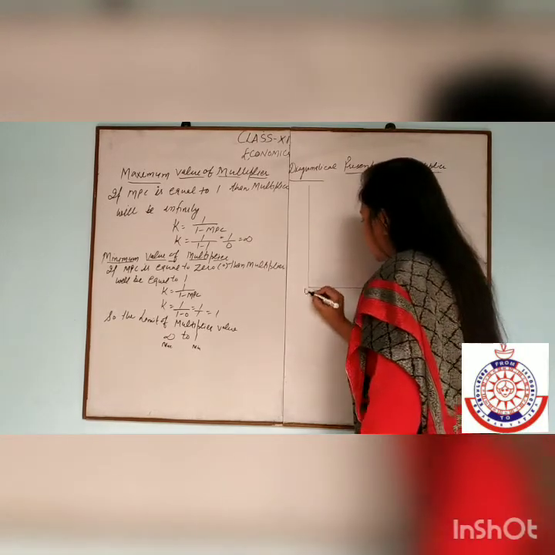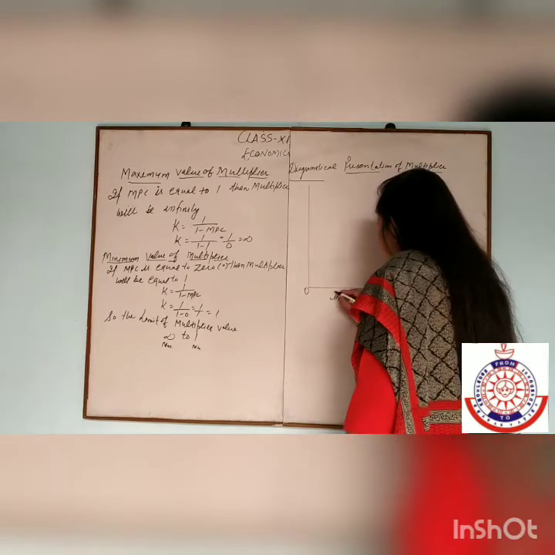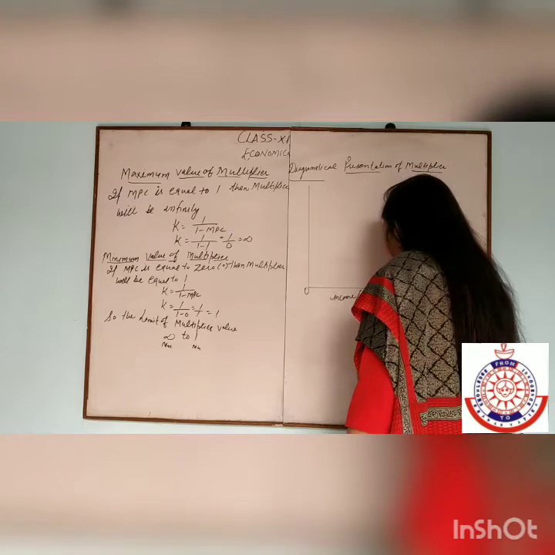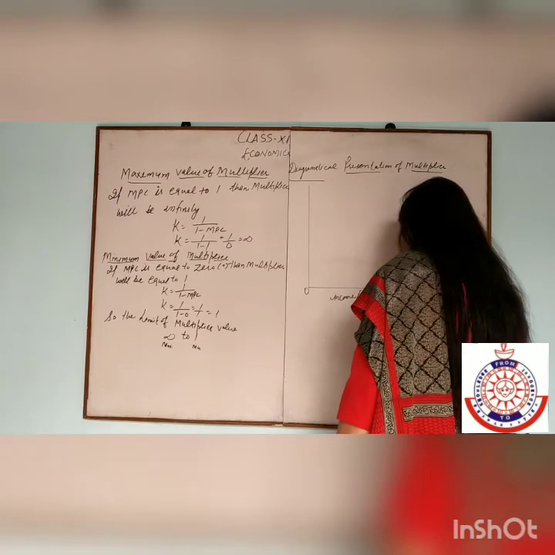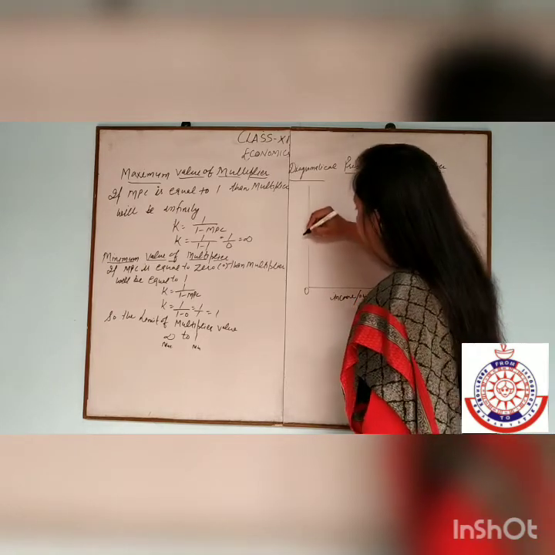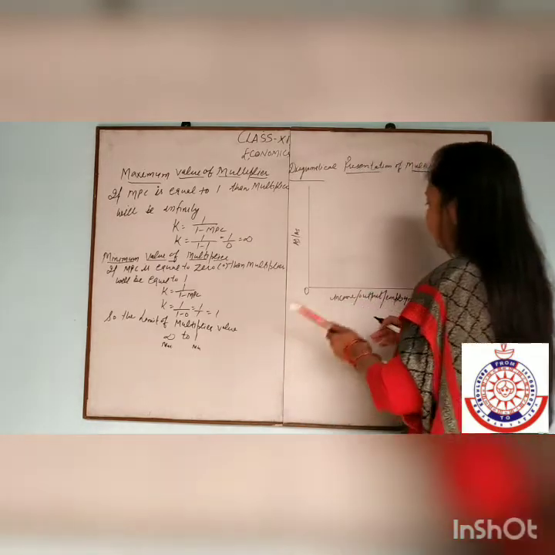On the OX axis, we will take income, output, employment. On the OY axis, we will take aggregate demand and aggregate supply.